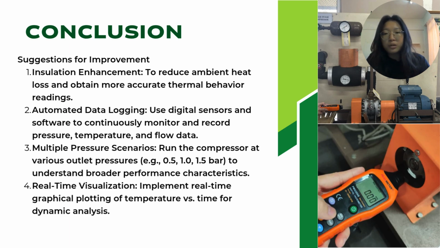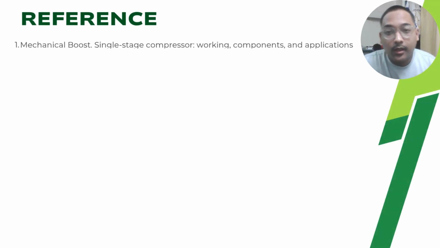The third one is multiple pressure settings, by running the compressor at various outlet pressures, which are 0.5, 1.0, and 1.5 bar, to understand the broader performance characteristics. And the last one is real-time visualization, implementing real-time graphical plotting of temperature over time for dynamic analysis.